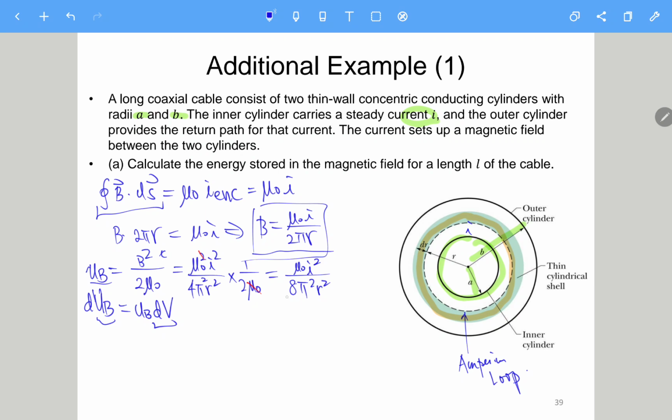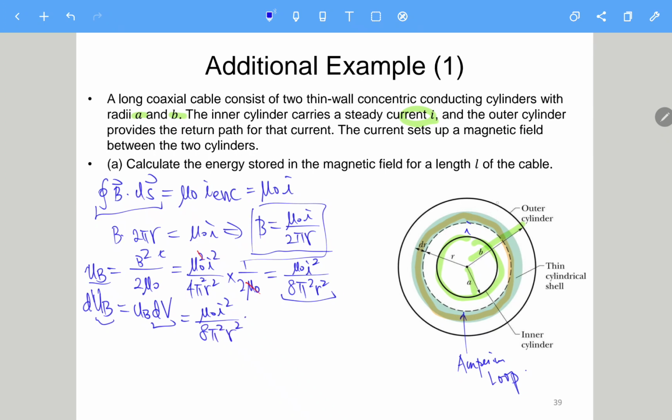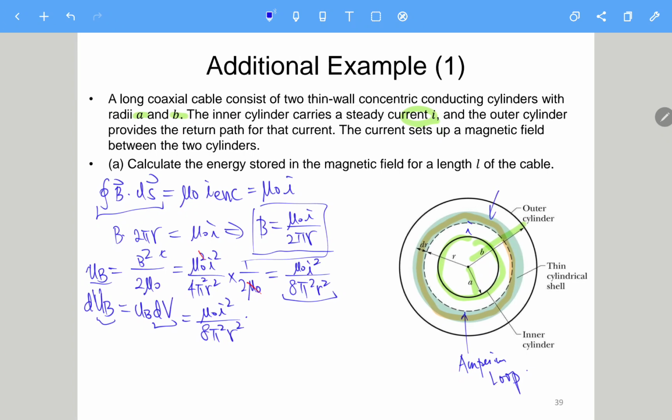Here we can put in small u_B, which is mu 0 I squared over 8 pi squared r squared. And dV in cylindrical coordinates should be r dr d theta dz. For this part, it is like the polar coordinate, and then multiplied by the z-axis, which is the independent one.